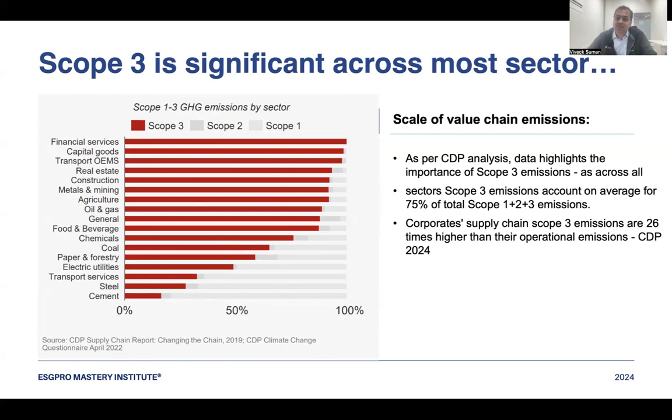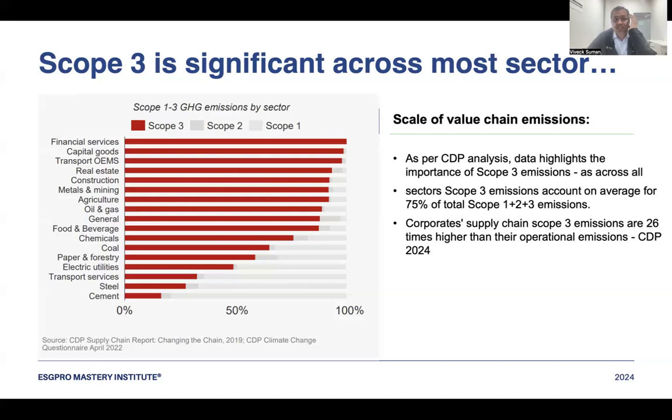Then comes capital goods. The capital goods manufacturing sector is another one, like fridge manufacturers, AC manufacturers, machinery manufacturers, heavy equipment manufacturers. All these again have a large amount of scope 3 emission. Then come transport, OEMs, real estate, construction, metal mining, agriculture, where you will see less than 50% contribution of scope 3.